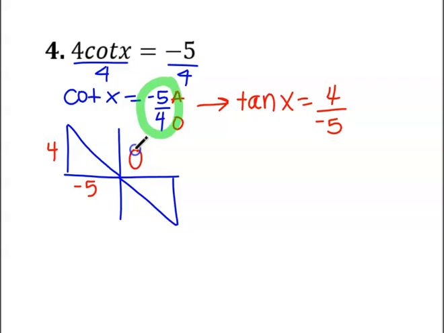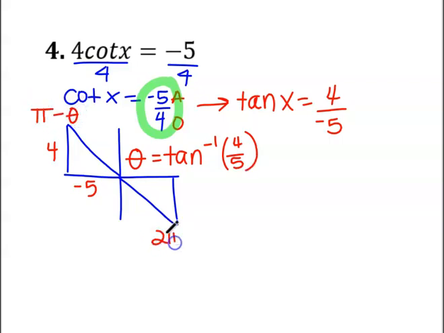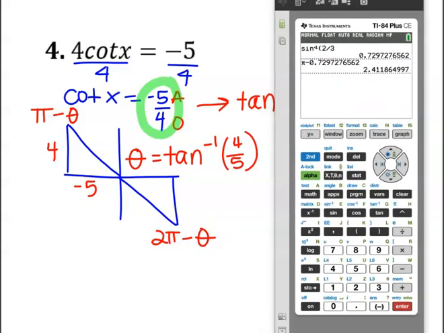And then when we type it in the calculator, we have to type in the positive angle, and that will give us the angle in the first quadrant, which isn't one of our solutions, but we need to use it to find the 2 solutions, okay? So in my calculator, I'm going to type in tan inverse of +4/5. This gives me the reference angle. That is not one of our answers. To get quadrant 2, we do the pi minus theta. So I do pi minus, go up and grab that angle.